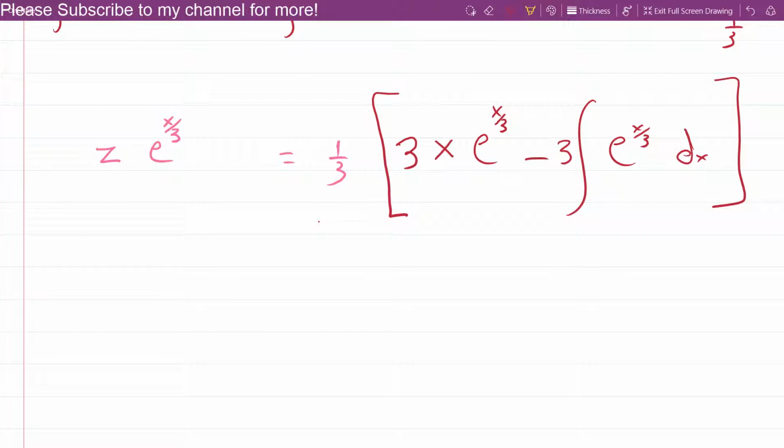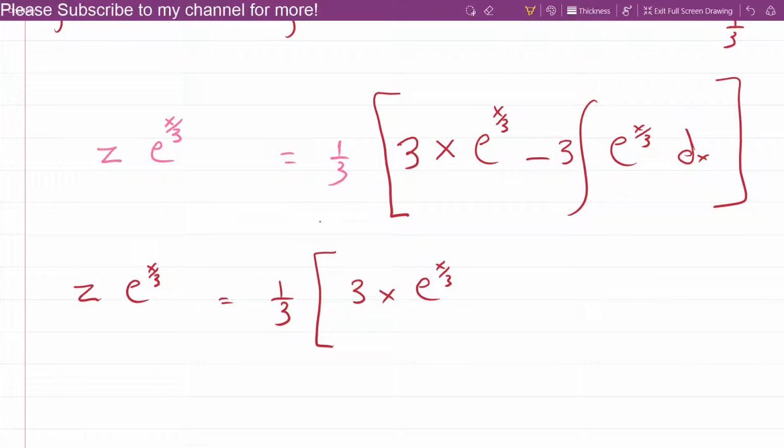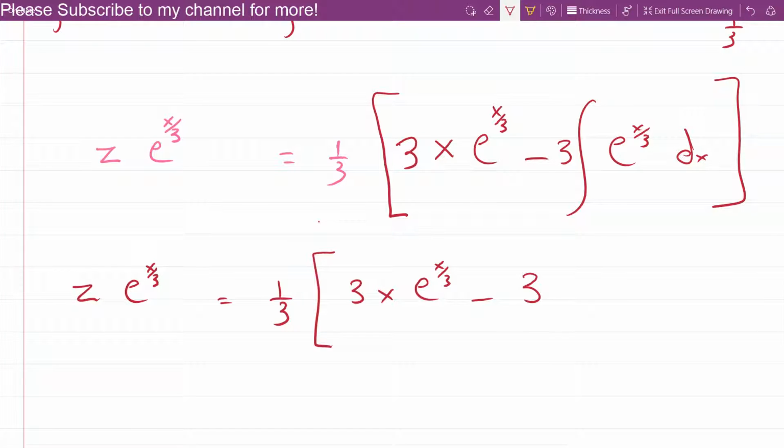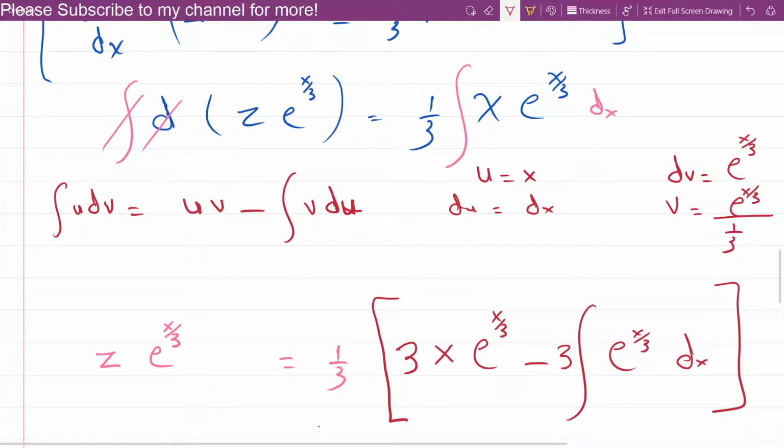And continuing on, z e to the x over 3 is equal to 1/3 times 3x e to the x over 3 minus 3 times the integral of e to the x over 3. We've already done it above when we did by parts.